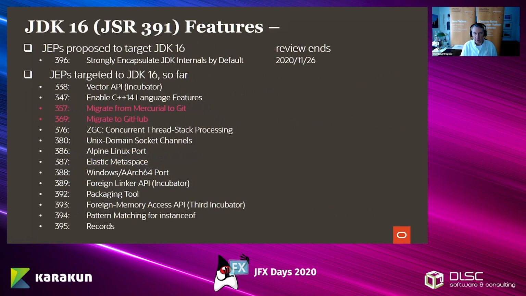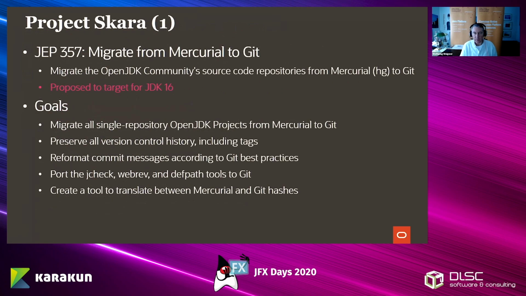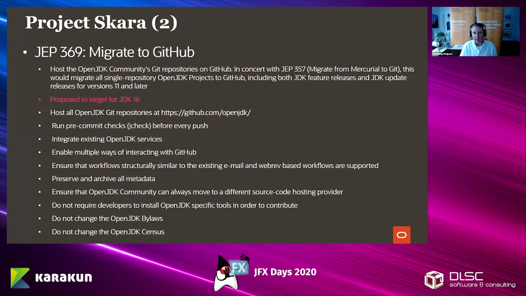I mentioned this earlier: we started 2 years ago to migrate from Mercurial to Git, sorry, and the next job is to migrate to GitHub. This is really the underlying infrastructure to contribute and to work with OpenJFX, and to align this with the OpenJDK, of course.